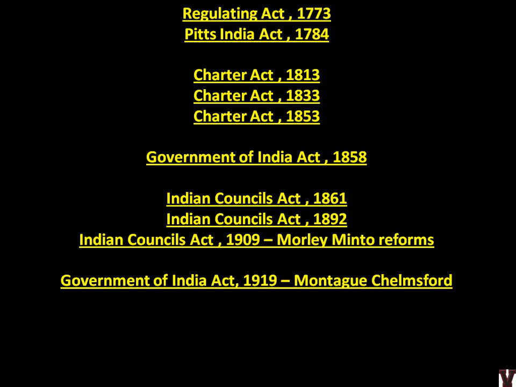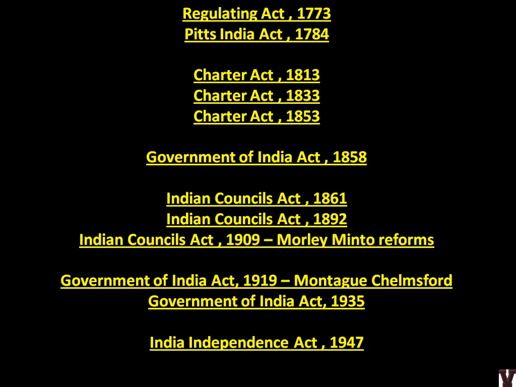Then after that we have the Government of India Acts. It is 1919, that is the Montagu-Chelmsford reform, Government of India Act 1935, and then finally we have the India Independence Act 1947.